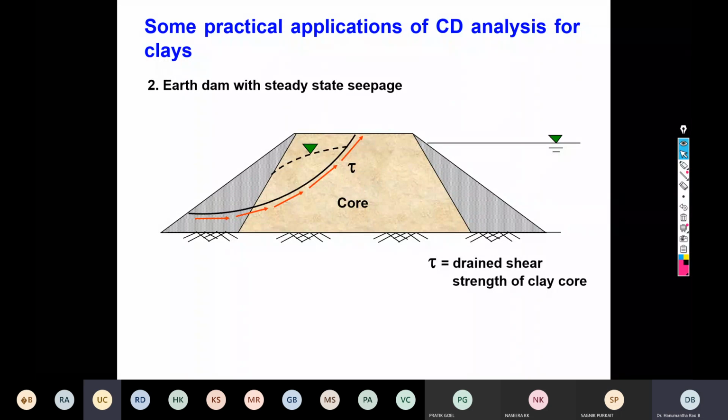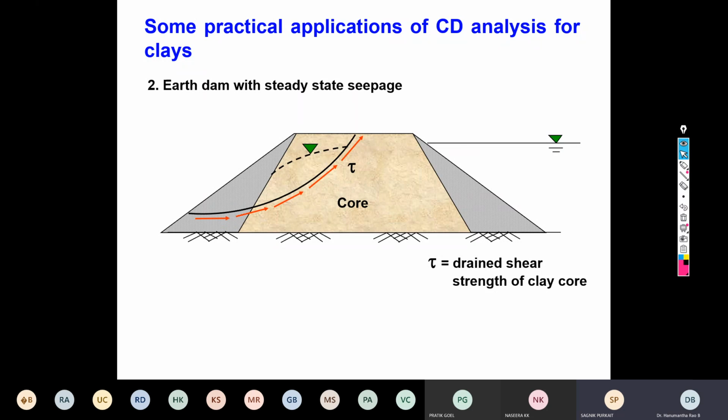Sir, as you told, the water will be expelled, then where will the water go? I mean, if a permeable soil layer exists, then only the water will drain out, right? Correct. See, for example, you are standing on 1 acre of land.